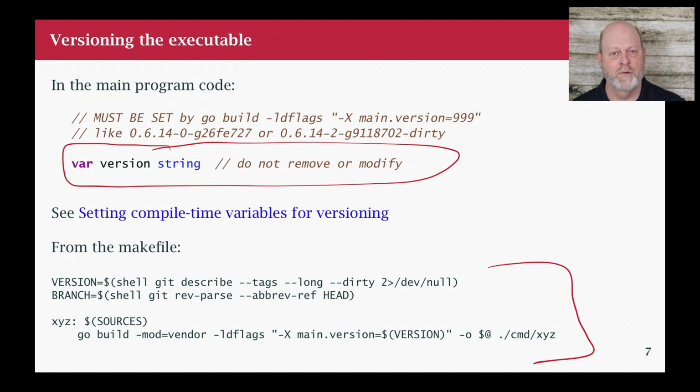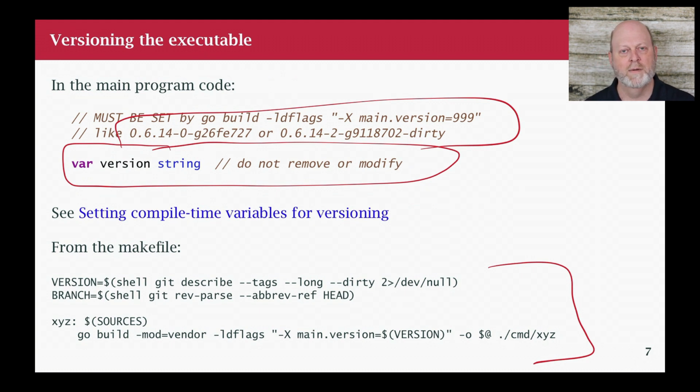So I typically run a git command that I've shown here, and I'm not going to read the whole thing out, which goes and gets a string in a certain format. And I provided a couple examples here. This is a common way to do it. This is not my invention. I've seen a lot of people do the same thing in their projects to generate the same kind of string.